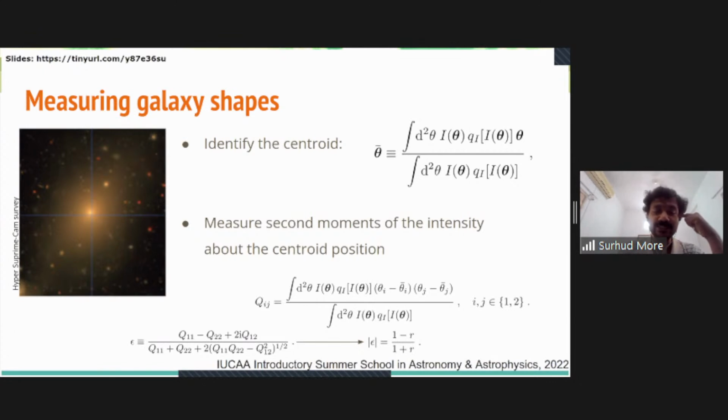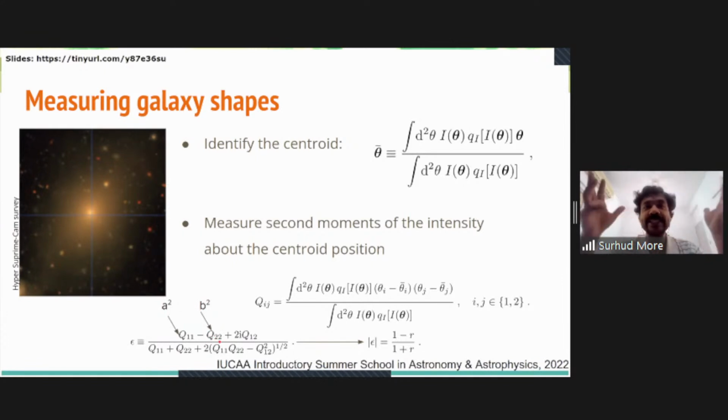In that case, this term Q11 will tell you what is the sigma square along the x direction, while Q22 will tell you what is the sigma square along the y direction. Okay? So the sigma square is giving you some information about the width of this object, right? And that's why this Q11 minus Q22 will be equal to a square minus b square, where a and b are the major and the minor axis.